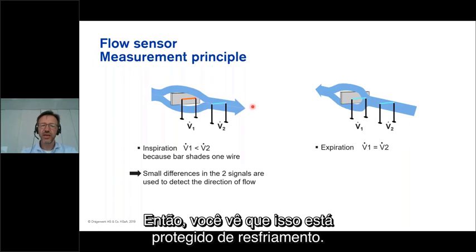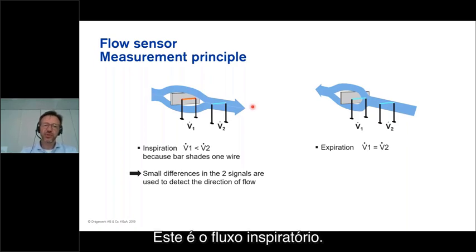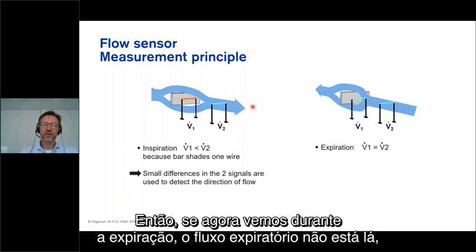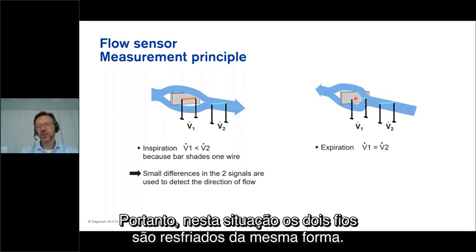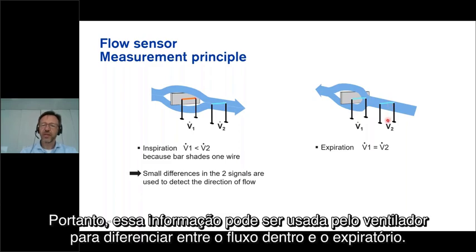This is the inspiratory flow. During expiration, the second wire is not protected by the bar from cooling down, so both wires are cooled down in the same way. This information can be used by the ventilator to differentiate between inspiratory and expiratory flow.